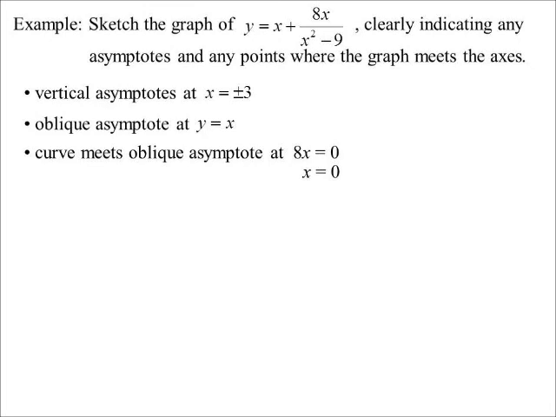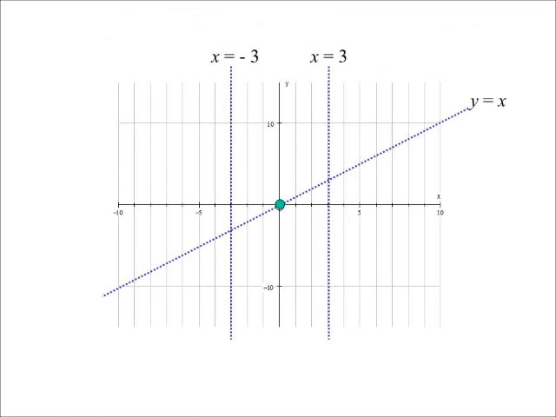If we have a look at the top of the fraction, 8x, it is possible for 8x to equal 0. So we know the curve will pass through (0, 0). I'll plot that point in. And that's actually what the curve then ends up looking like. Remember, it'll bend towards the asymptotes, things like that.